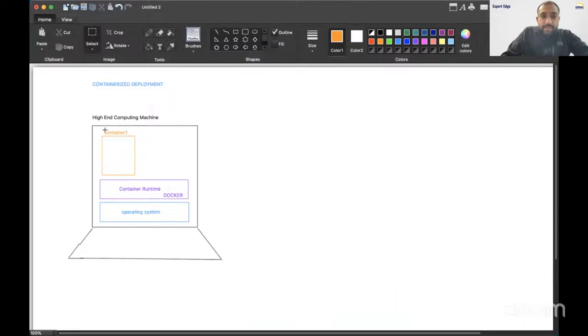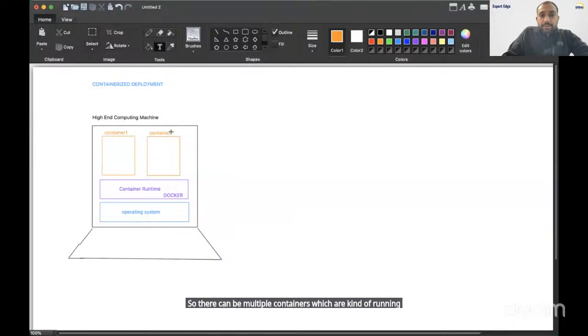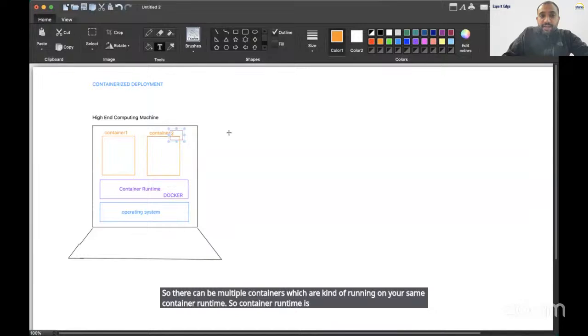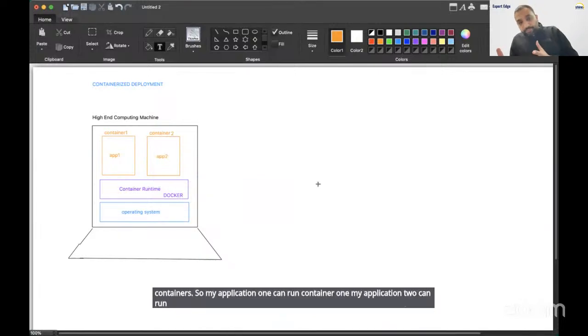There can be multiple containers running on the same container runtime, and the runtime is capable of handling them. So my application 1 can run in container 1, my application 2 can run in container 2.